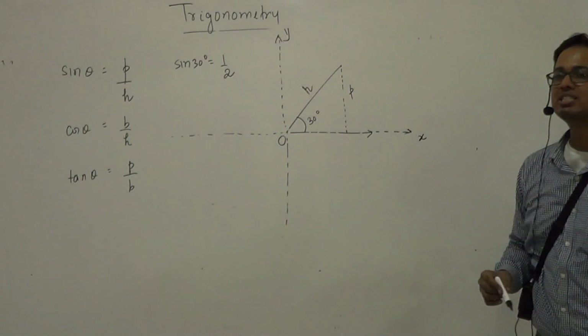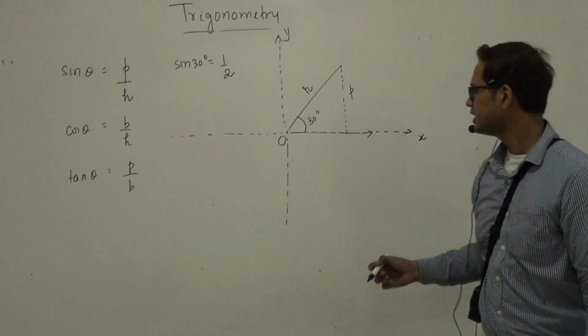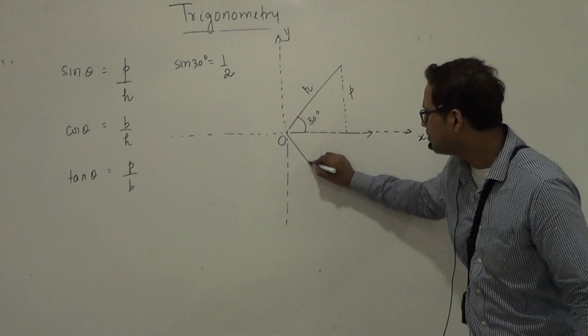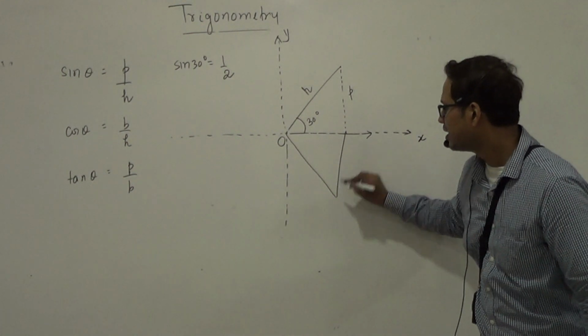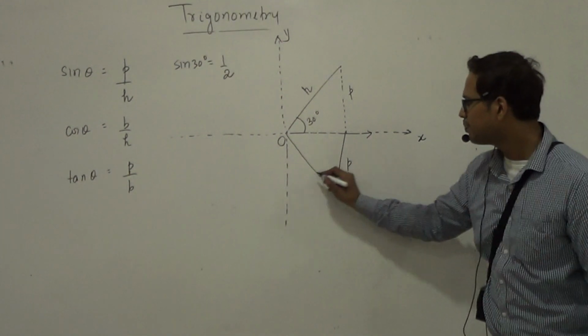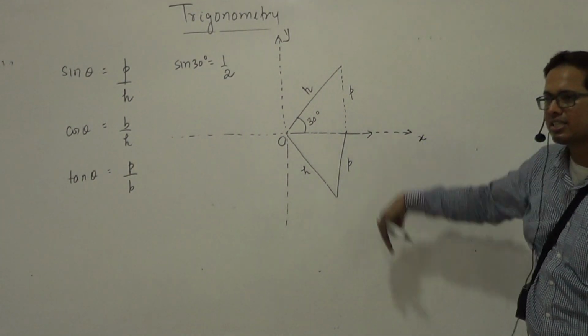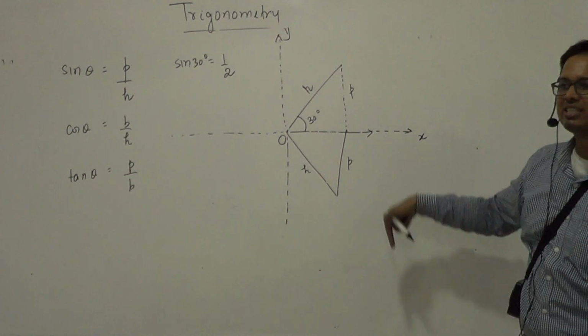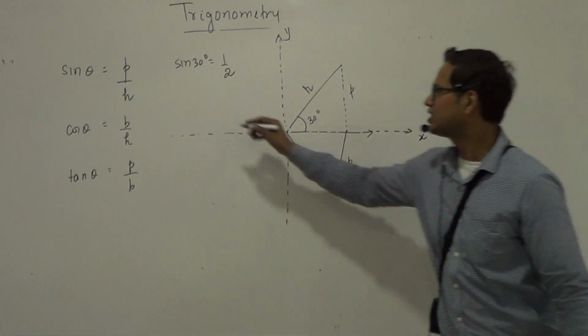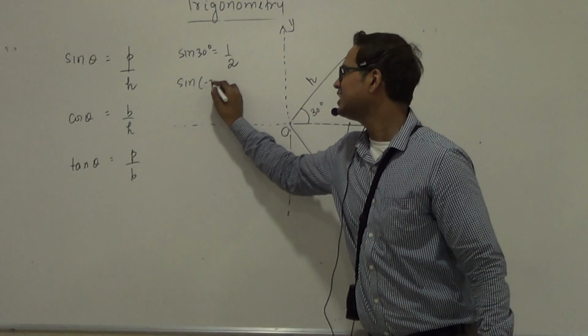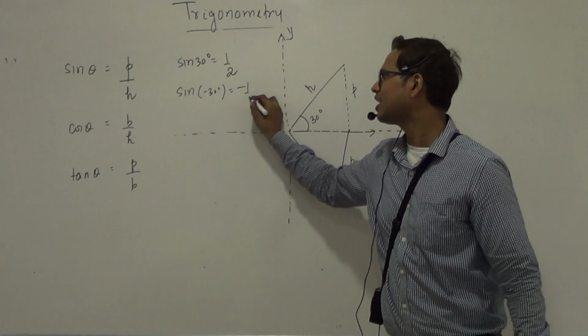If I ask you what is sine of minus 30 degree, then you will make a similar triangle like this. But now you will realize that your P is measured in which direction? Negative y direction. Right? So sine of minus 30 degree would now become minus half.